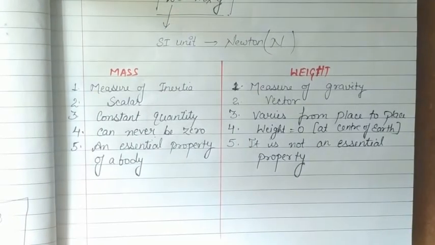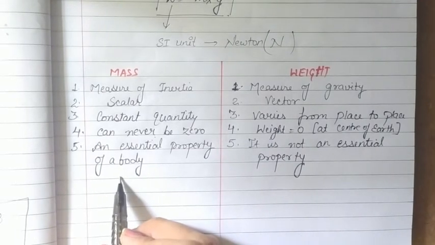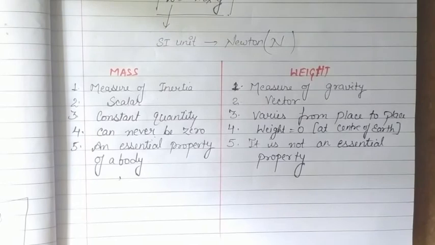Alright, the next one is that the mass is not affected by the presence of other bodies, while weight is affected by the presence of other bodies.